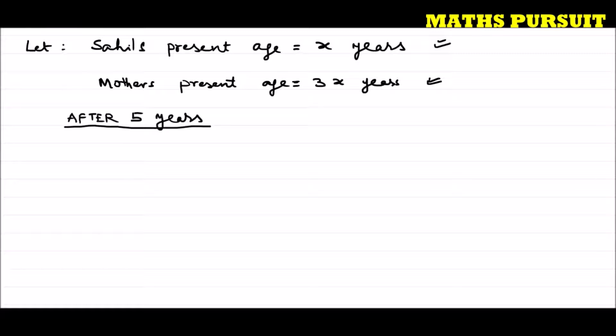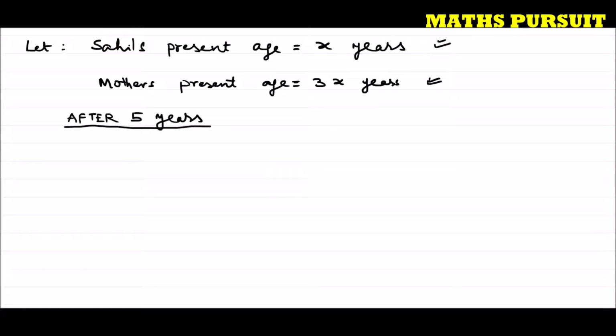Now guys, for example, if a person's age is 10 years, after 5 years, what is his age going to be? That means 10 plus 5, that is equal to 15 years. That means we are just adding 5. A similar thing we are going to do here now.